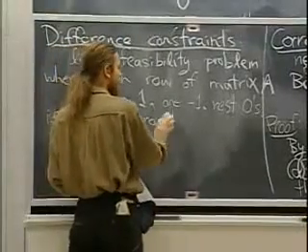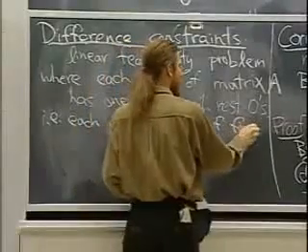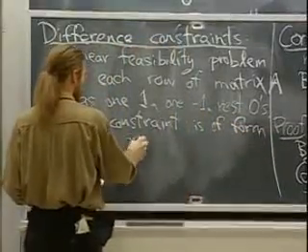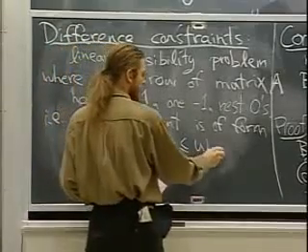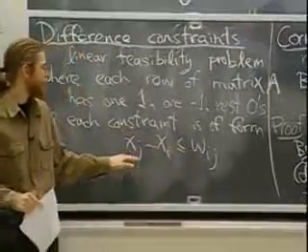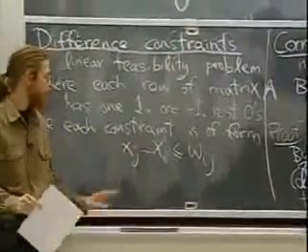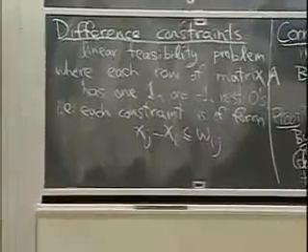It involves two variables and some number. So we have something like xj minus xi is less than or equal to wij. So this is just a number. These are two variables. There's a minus sign. No values up here, no coefficients. No other of the xk's appear. Just two of them.